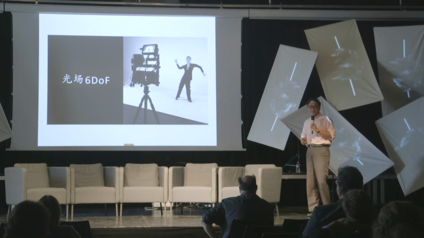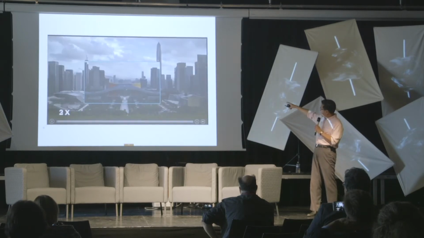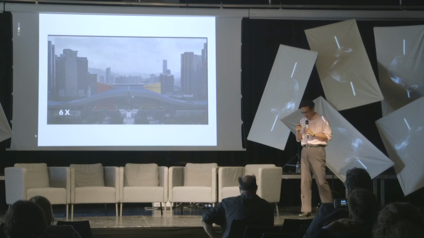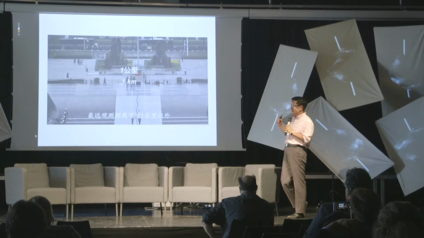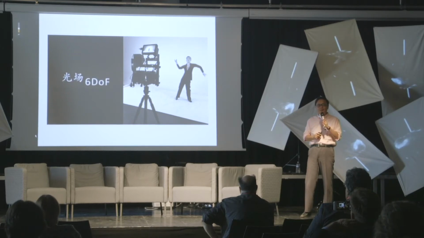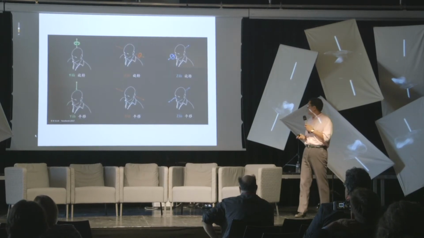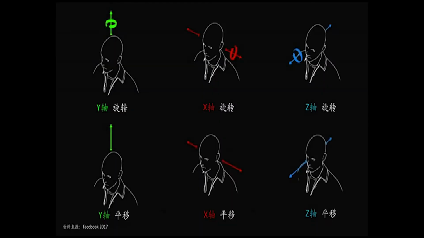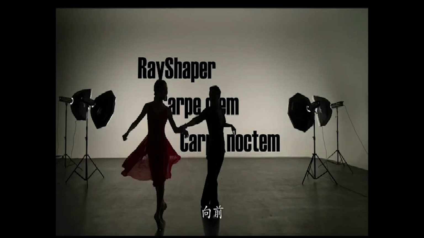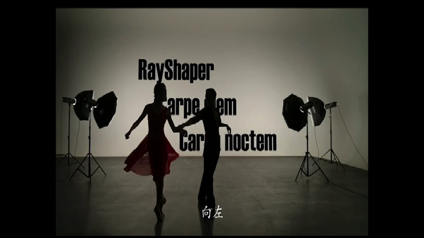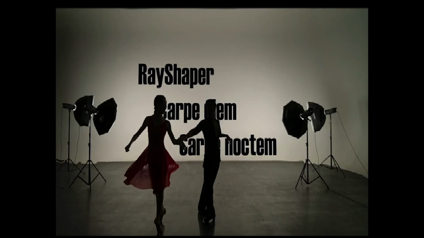So here, again, if you could play the video, I have the same camera rig, but with a very small number of cameras. With only a few cameras, we could capture 6 DoF, or very strictly speaking, 6 DoF plus.